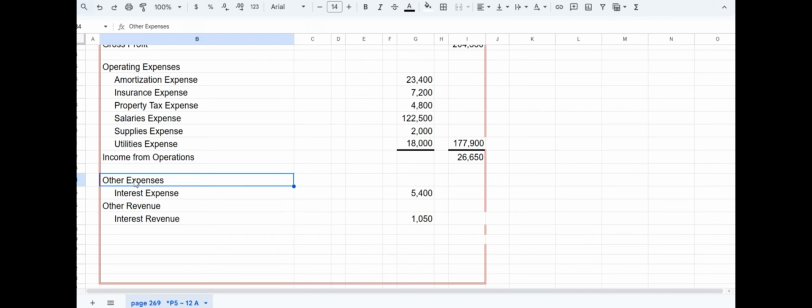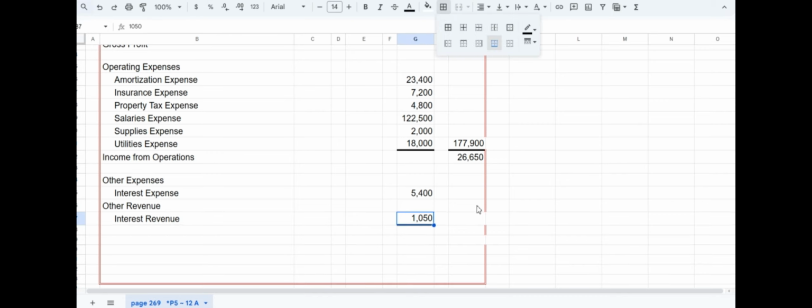Maybe it would be more useful to put other revenue first, but personally, I don't think it matters that much as long as you have both of these on here. So we've got the interest revenue, 1,050, minus the interest expense, which turns out to be a negative number, negative 4,350.